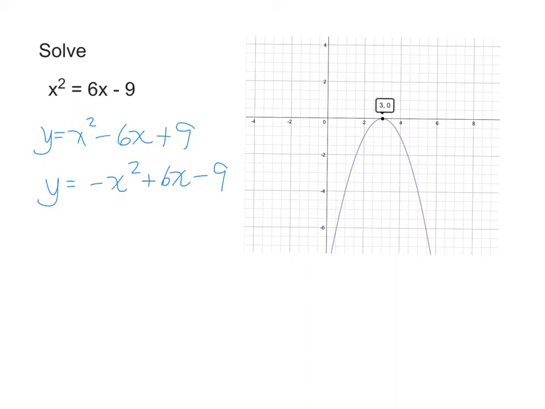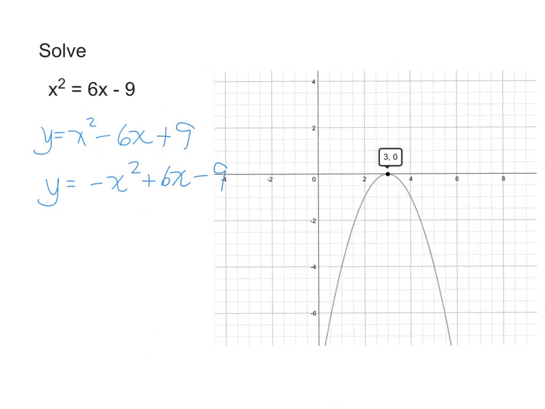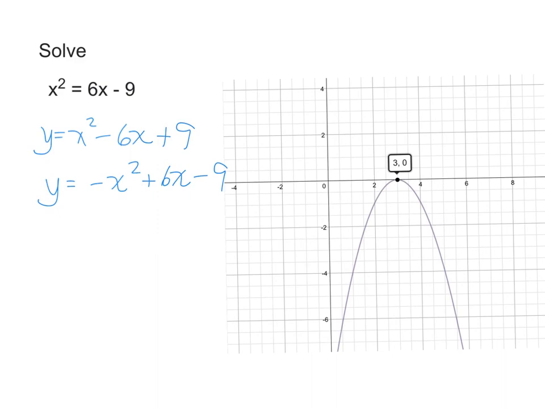They don't need to be in that order. You may have graphed something similar, but not in that order. And you get two different graphs, but what you find is they have the same x-intercept. So whichever one of these you graphed, you'll still end up with x equals 3.